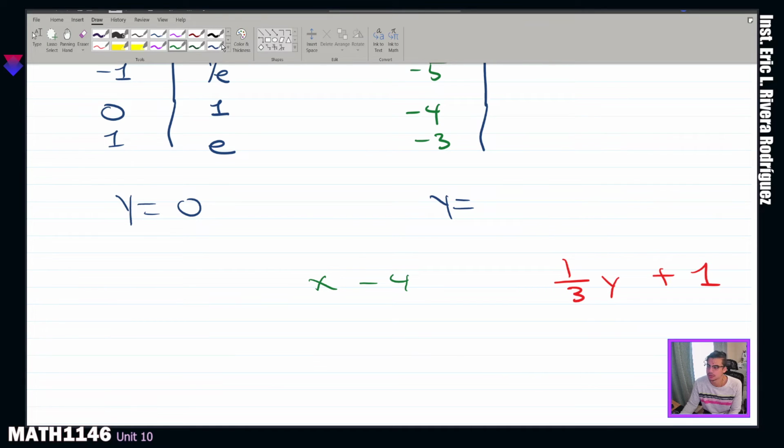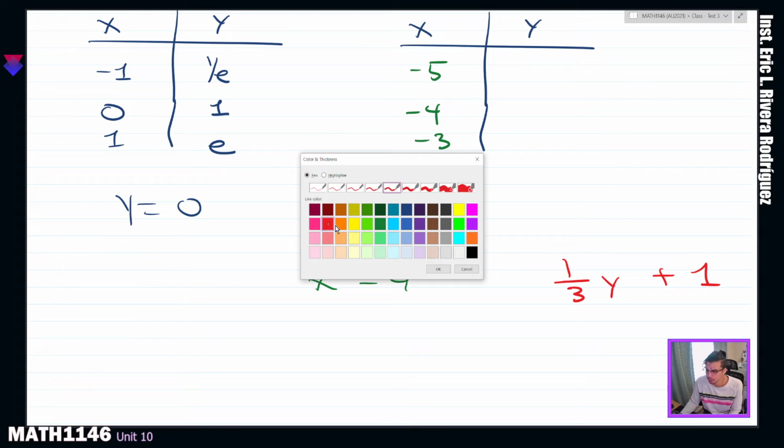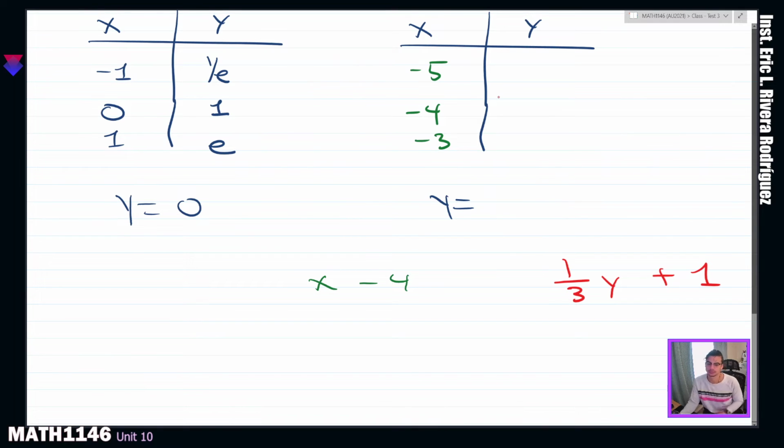Now the weird ones, the y values. Let's see how you wrote those.